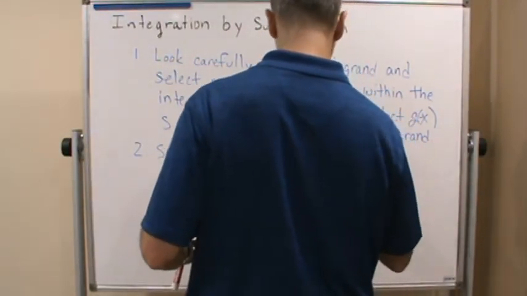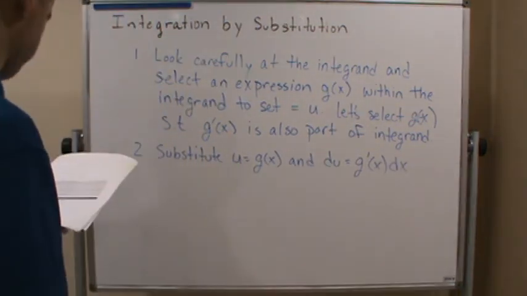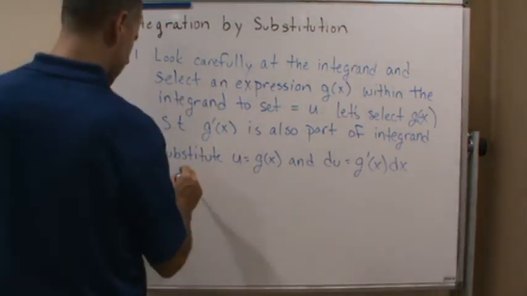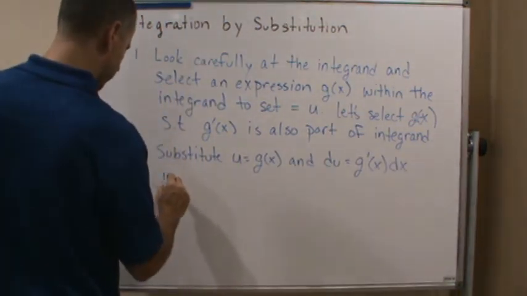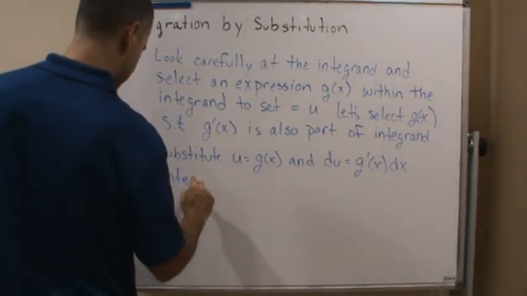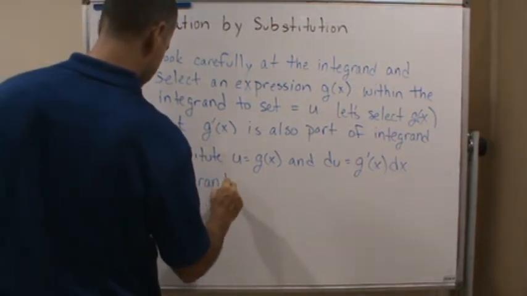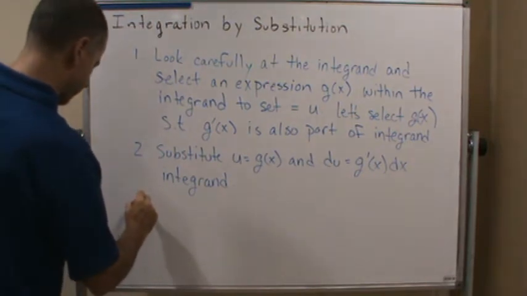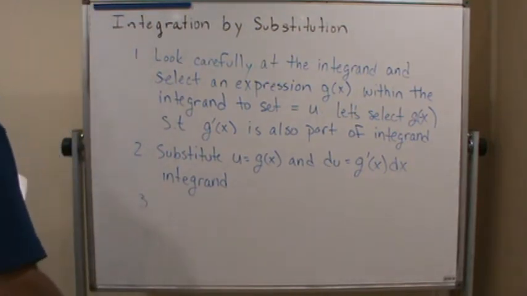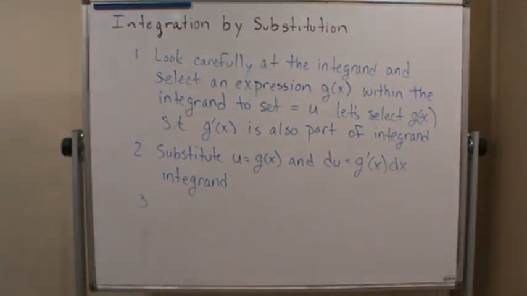So the dx will always go with that one. And we're going to substitute this into the integrand. And then we should be able to evaluate the integral with respect to u now.